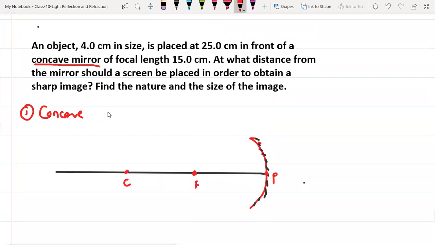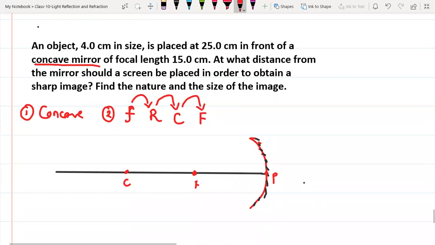Next point, what we have to check? First, you have to see about focal length. If focal length is not present, give second priority for radius of curvature. If radius of curvature is not present, give next priority for center of curvature.